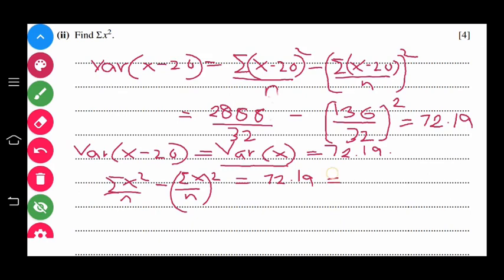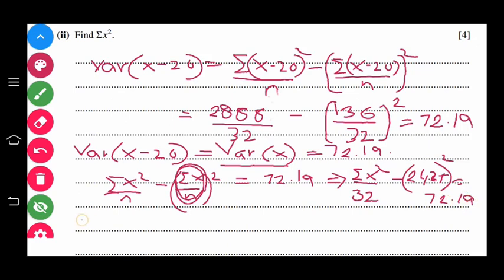Sigma x squared by n is sigma x squared divided by 32, minus sigma x by n. Sigma x by n is the mean. In the question itself they have mentioned the mean as 24.25. The whole square is equal to 72.19.